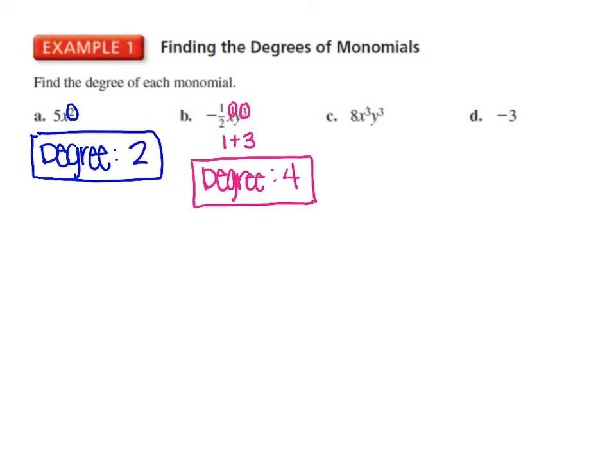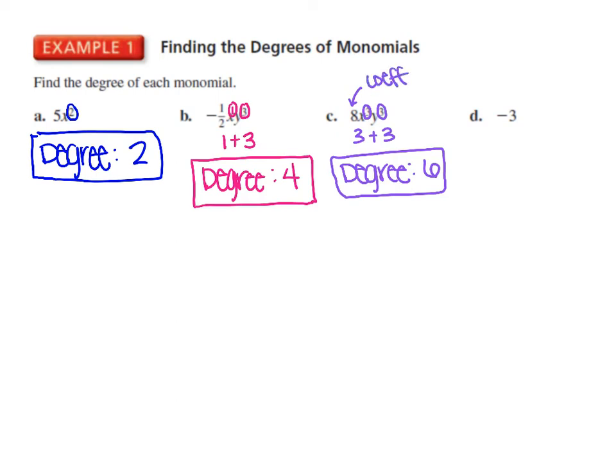Letter C, my exponents are 3 and 3. So the sum of my exponents, 3 plus 3, tells me the degree of this monomial is 6. The 8 in the front, or the 1/2, or the 5 in the first two, is an example of a coefficient.